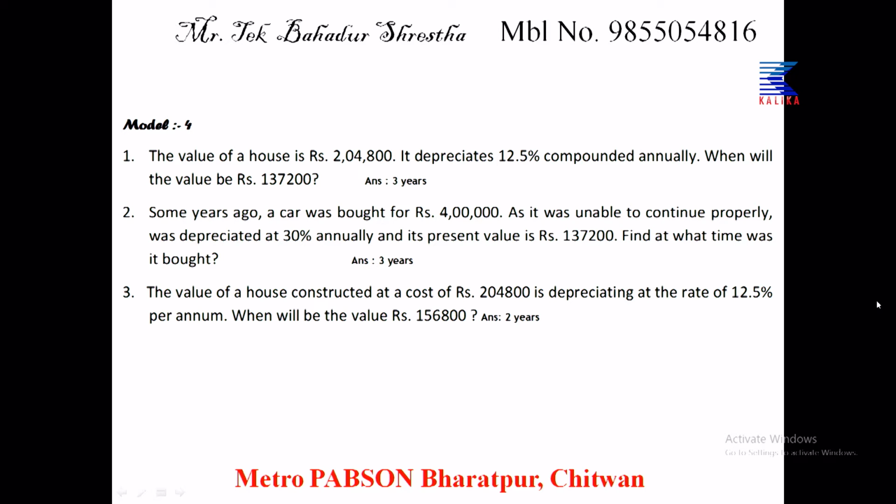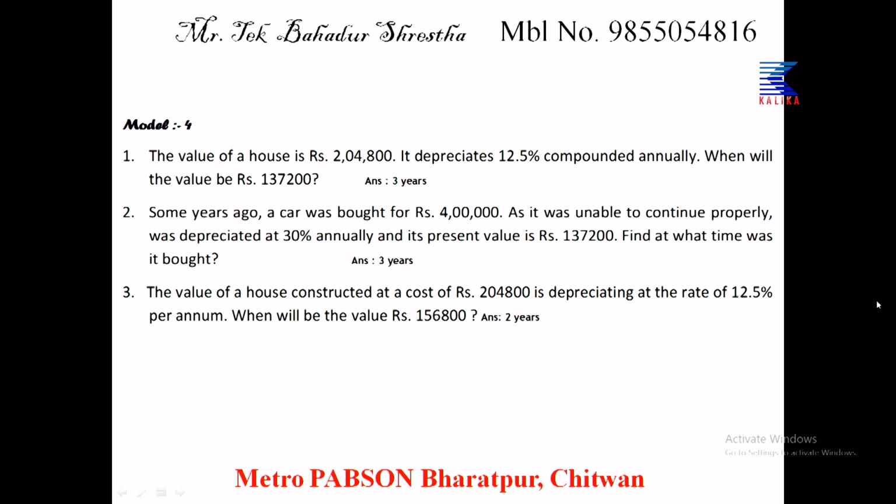In model 1, we have to find the value of Pt. In model 2, we have to find the value of P, and in model number 3, we have to find the time. In question number 1, let us see in the slide. The value of a house is rupees 2,04,800.